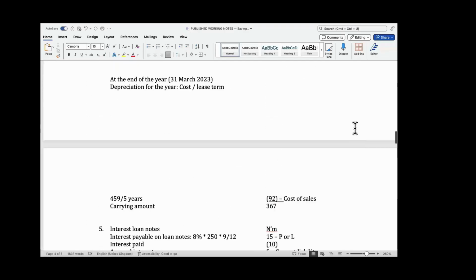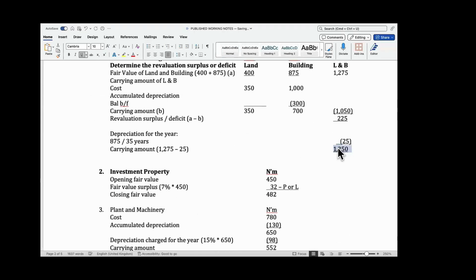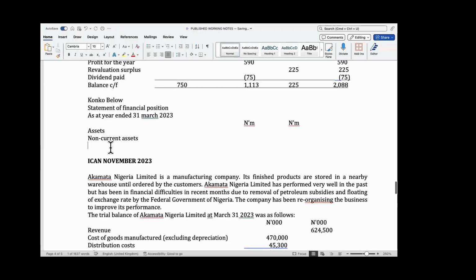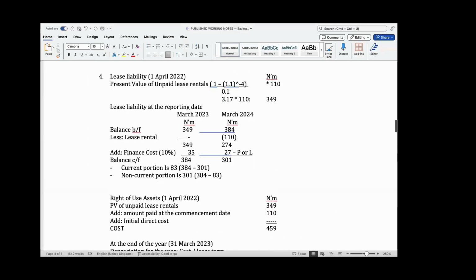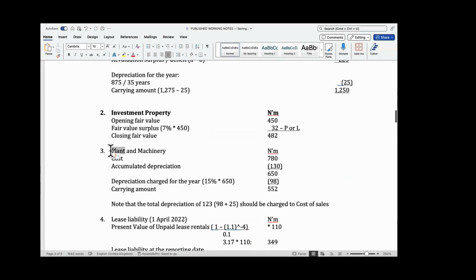Okay. Then for our assets, my land and building is 1250 from workings 1. Then my plant and machinery is 552 from workings 3.